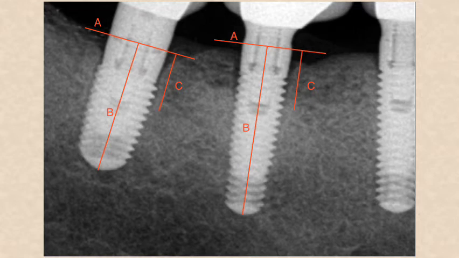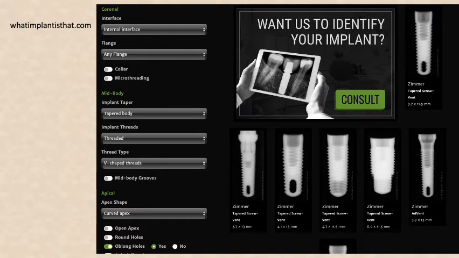Now, let's say your radiograph is not calibrated and your digital radiograph system did not determine the length here, if it's 2 millimeters, 2.5 to 3 millimeters or so. What we can do is identify the length of the implant first, and therefore by a simple calculation we can identify the amount of bone loss that is present. And a little trick to that is this website over here, whatimplantisthat.com, where through their drop down menus you can identify which implant system it is if you do not already know.